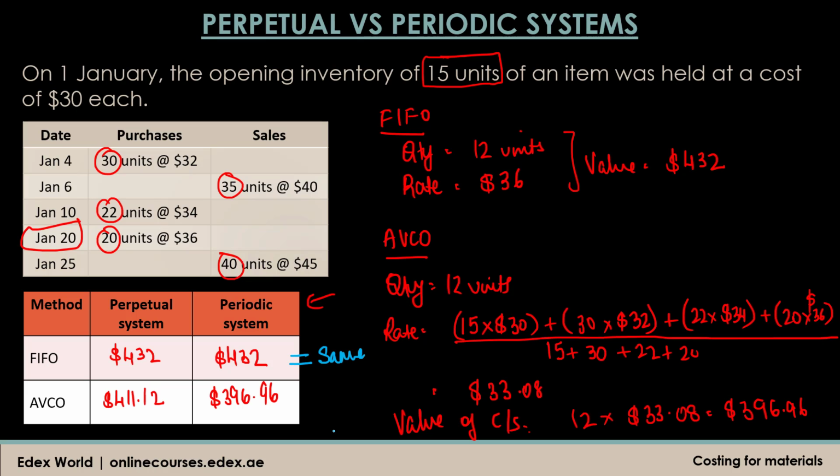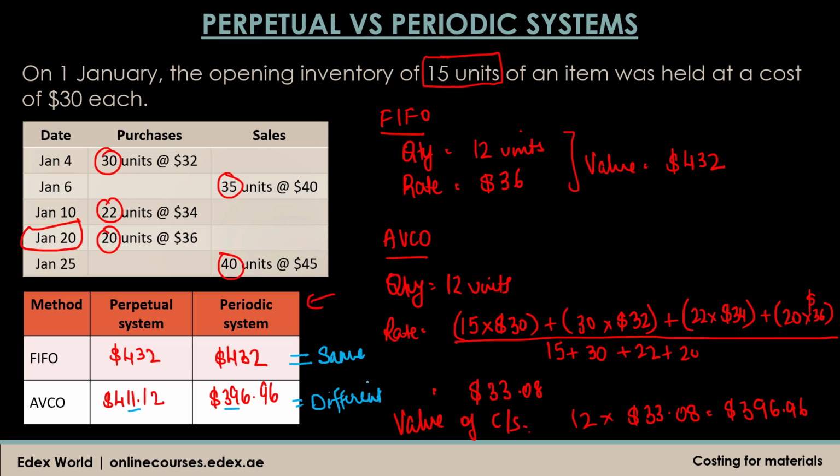of inventory. So when it comes to FIFO, it really doesn't matter what inventory system you're following, you will always get the same closing inventory value at the end. But when it comes to average cost method, if you see, the values are different. They're not the same. So for average cost method, it really matters what type of inventory system you're following, and accordingly the value will change.